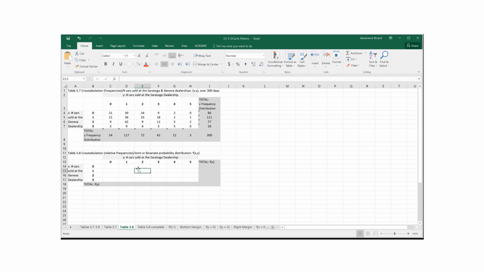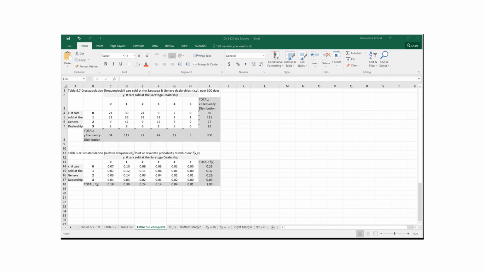So cursor in E15, I get my 33 value, divide that by 300, and I'm going to get that proportion, which is 0.11.